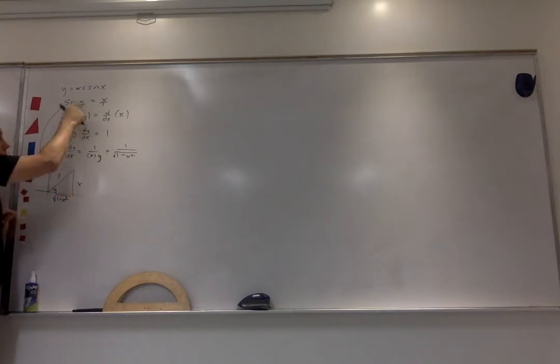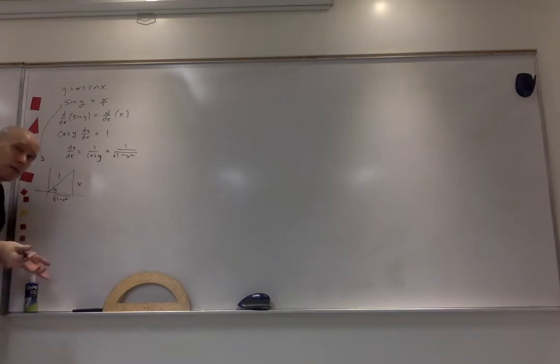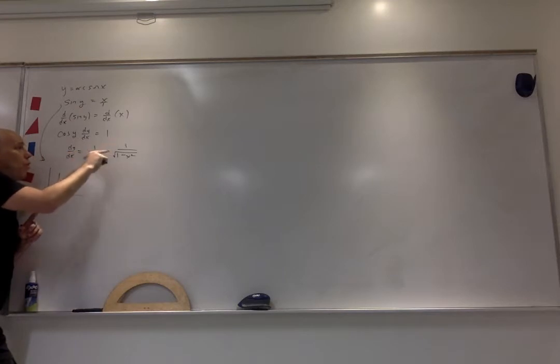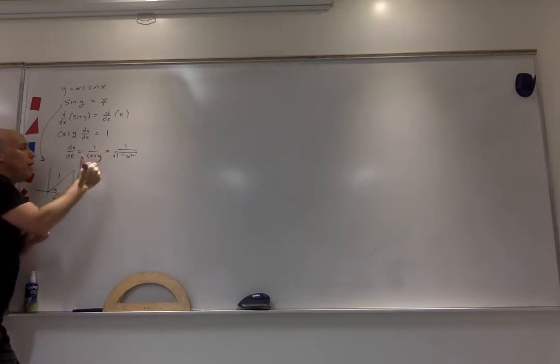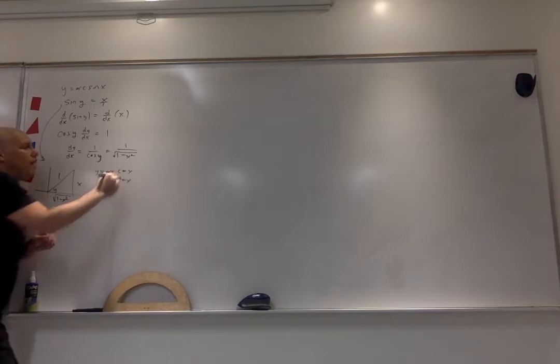Sine is opposite over hypotenuse, and we find the third side by Pythagoras' theorem. It's the square root of 1 minus x squared. Therefore, cosine is adjacent over hypotenuse, and dy dx is 1 over the square root of 1 minus x squared.